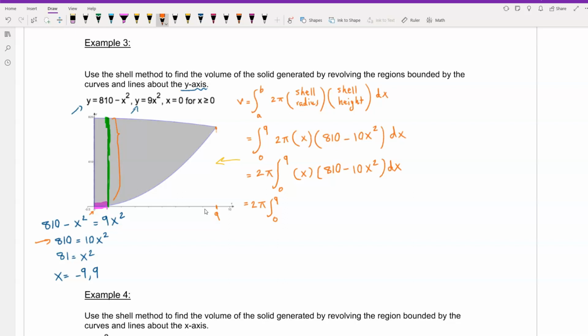We can factor out 10 from 810 and the other term, and multiply by 2 pi to have 20 pi instead of 2 pi here. So you can write 20 pi integral, then I have 81 times x minus x cubed times dx.